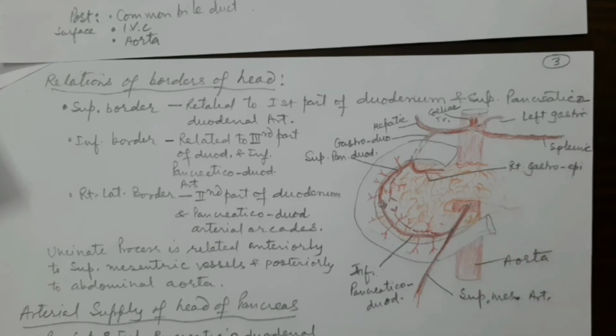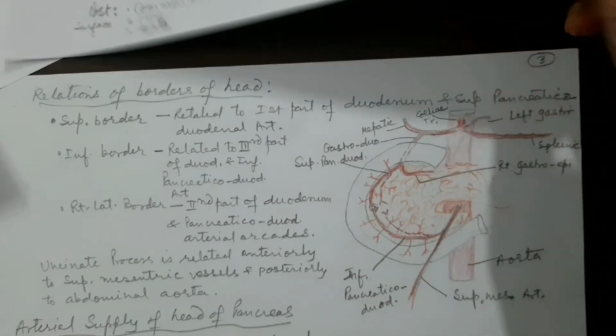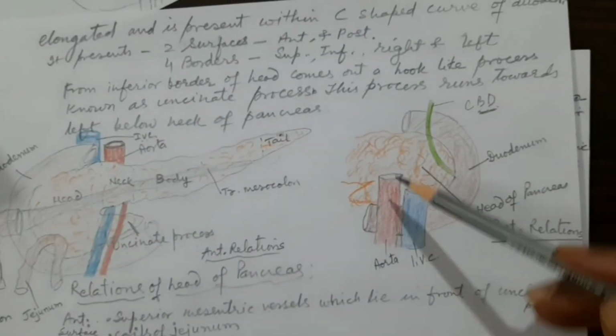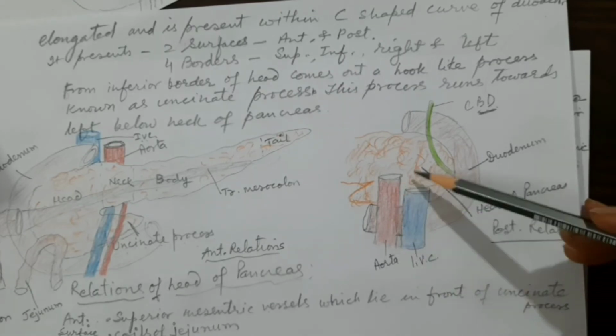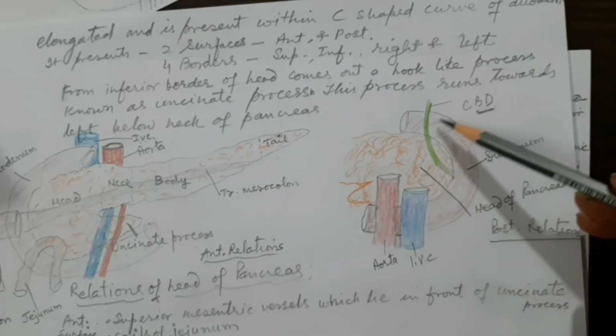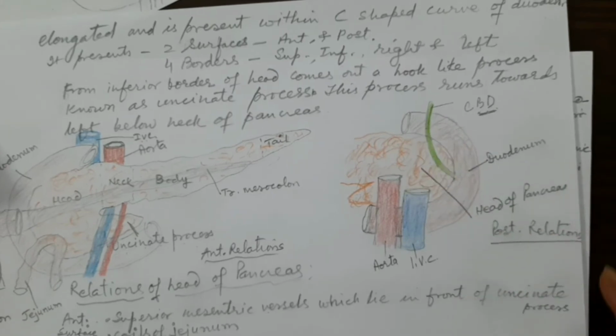So the uncinate process is posteriorly related to the abdominal aorta, not to the vena cava, okay, because it lies right of that, which is a direct relation to the head of the pancreas, as I have shown you in this diagram here. The uncinate process is related to the aorta, but not to the inferior vena cava, which lies right of it, okay, and it is a direct relation of the head here.